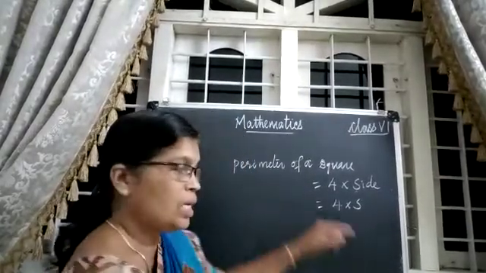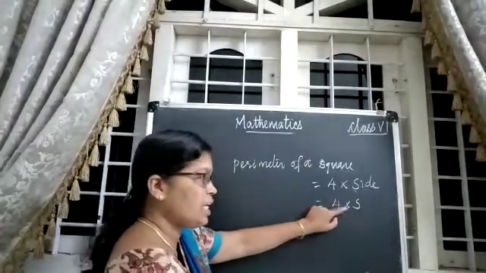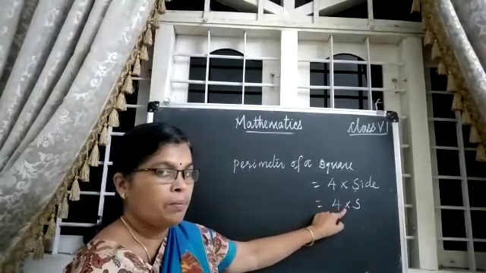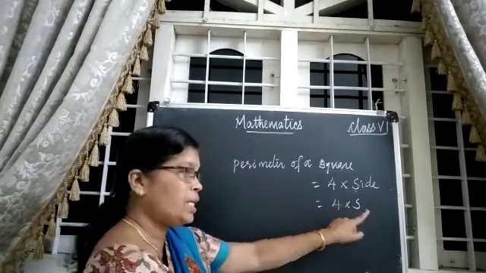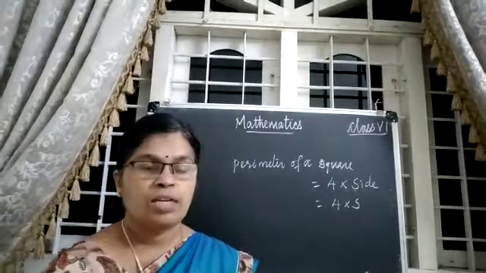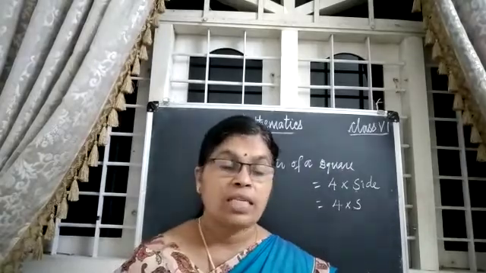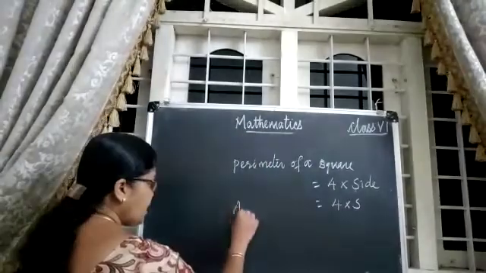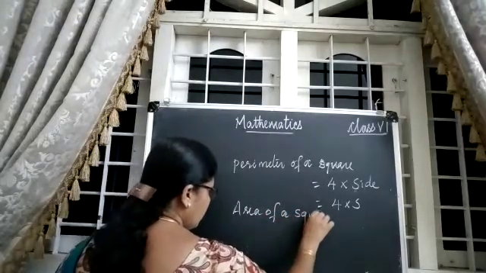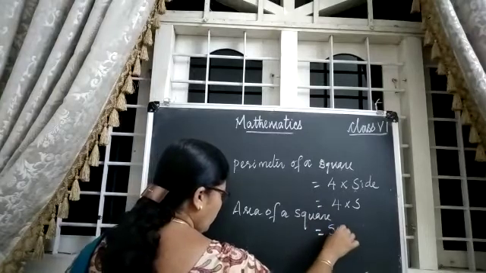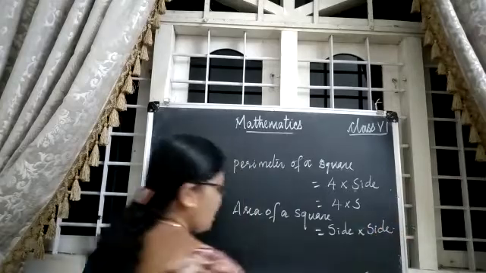Why? Because in this expression, there is a numeral 4. Then there is a sign, a basic operation, multiplication, then the variable S. So perimeter of a square is 4 into S. Then, what is area of a square? Area of a square is equal to side into side.